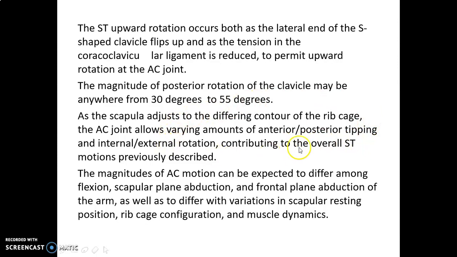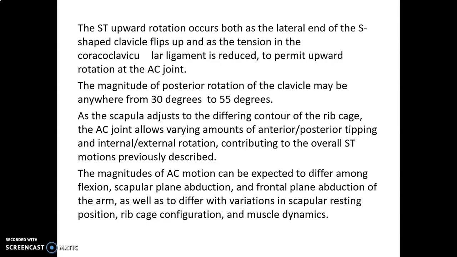The scapular adjustment is to both contours of the rib cage, the longitudinal contour of the thorax and the sidewise anterior-posterior contour of the thorax. The shape of the scapula itself is helpful in contouring.